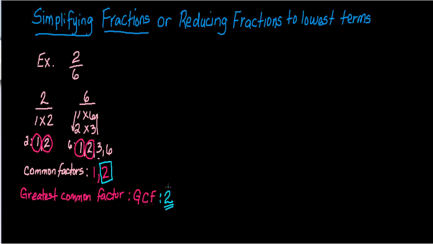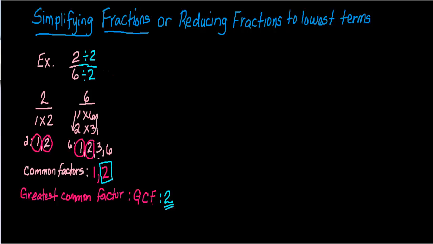What are we going to do with this number? This tells me that the number 2 and the number 6 both have a factor of 2. So that tells me that I can divide the numerator by that magic number, and I can divide the denominator by that magic number.